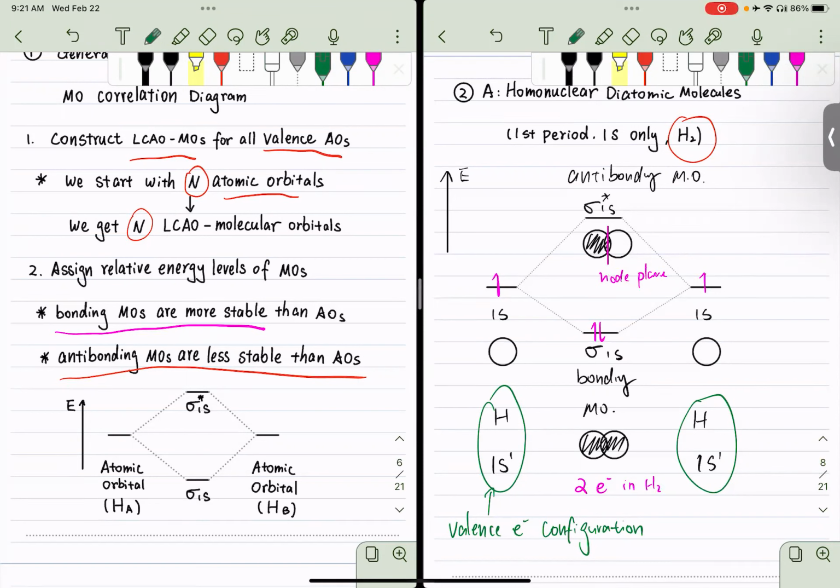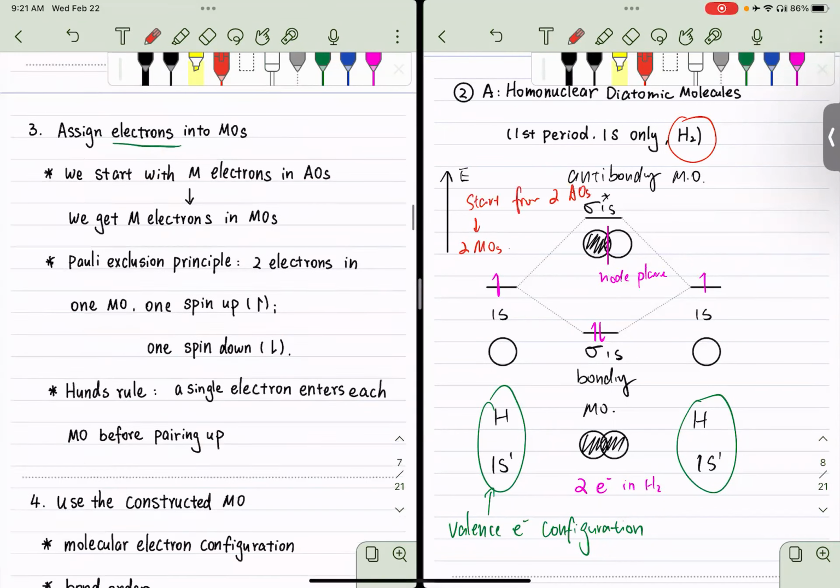Once you have these atomic orbitals, you start to create molecular orbitals. The rule here is you start from 2 atomic orbitals, you end up with 2 molecular orbitals. These orbitals are not just created from void. You want to make sure the total numbers match up. So 2 atomic orbitals give you 2 molecular orbitals, 1 bonding and 1 anti-bonding. And then you put electrons into your molecular orbitals, like what you did with the electron configuration.